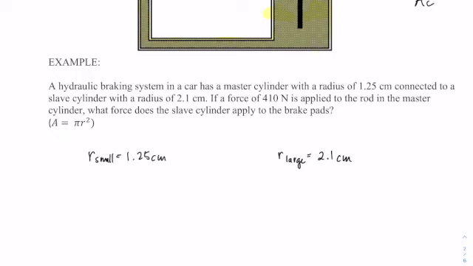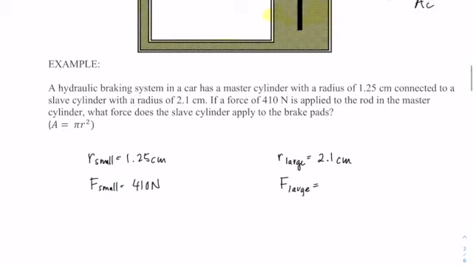And we're applying a force of 410 newtons to the master cylinder, which is the small one. So the force on the small one is 410 newtons. And we're going to see what force this transfers to our brake pads on the large or the slave cylinder. This is what we need to find.